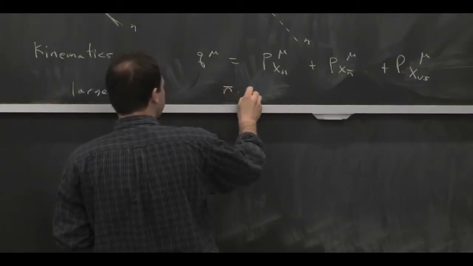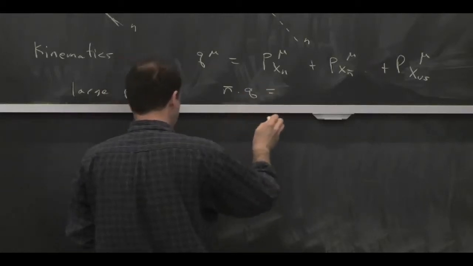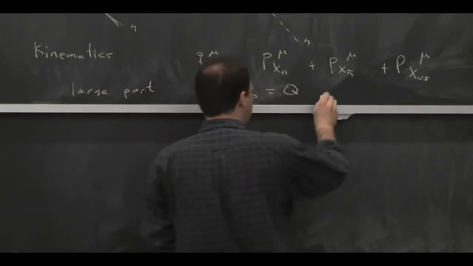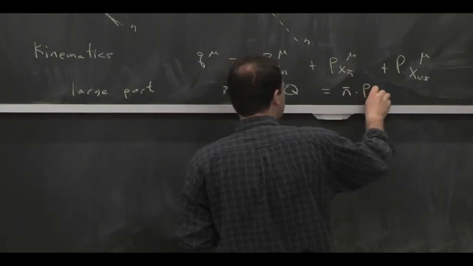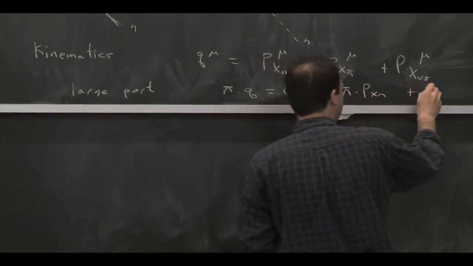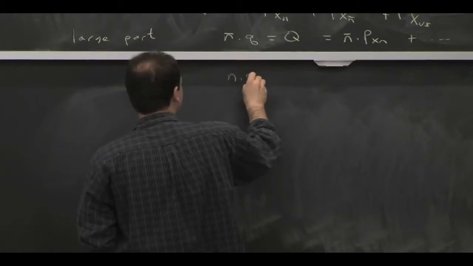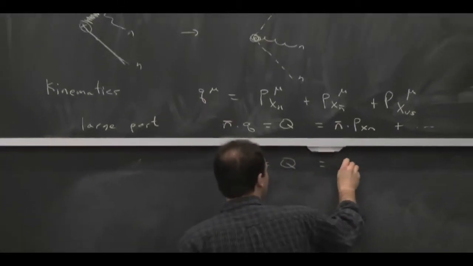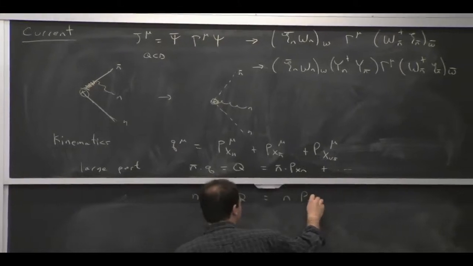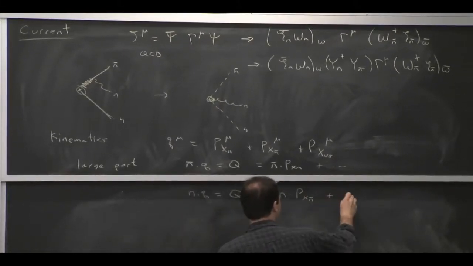in the center of mass frame, n bar dot q is just capital Q, and that's n bar dot p_X^n plus things that are small. And likewise, n dot q is capital Q, that's n dot p_X^n bar, which is large, order 1, plus small.